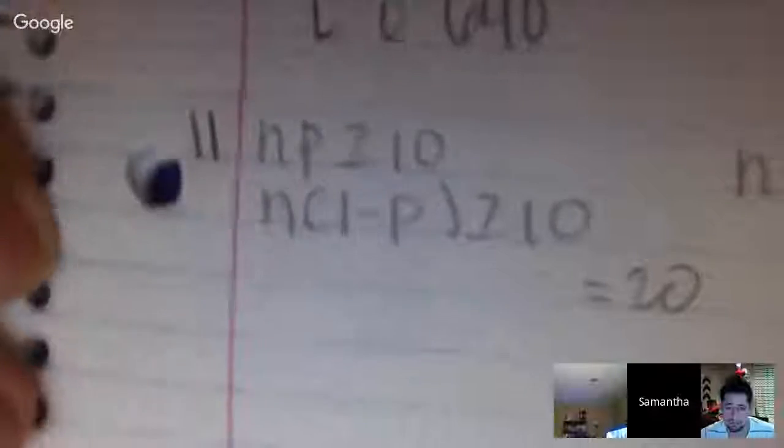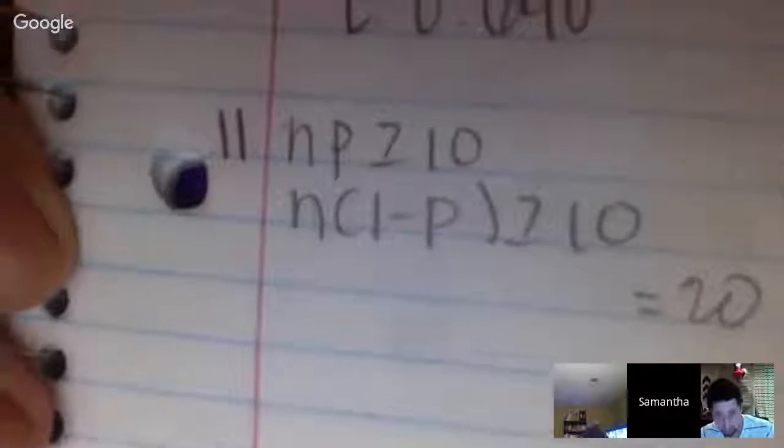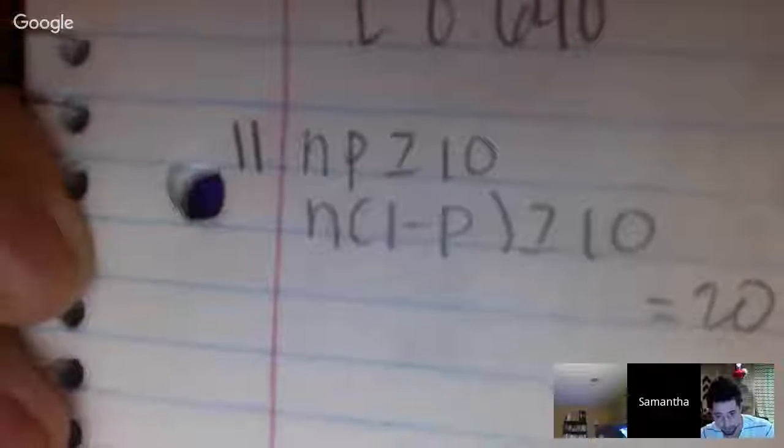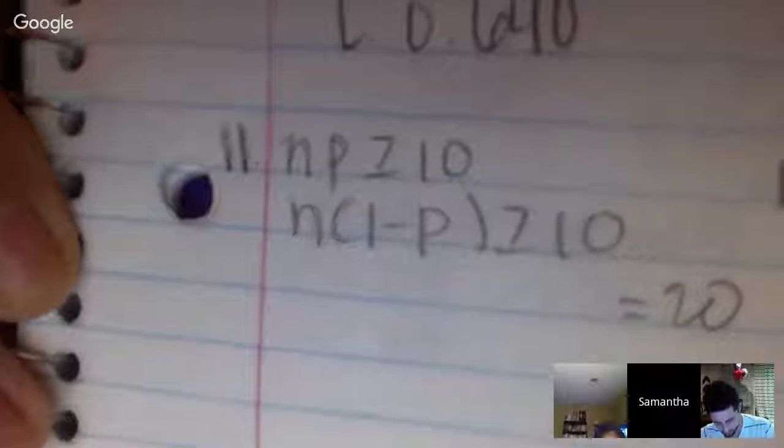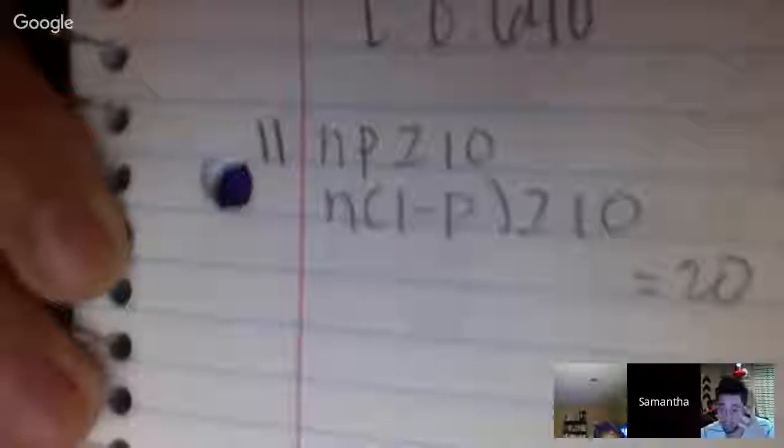0.845. So you're using NP greater than 10. Yeah, so it's actually these two equations: NP with the sign 10, and N(1 minus P) with the sign 10. Okay.